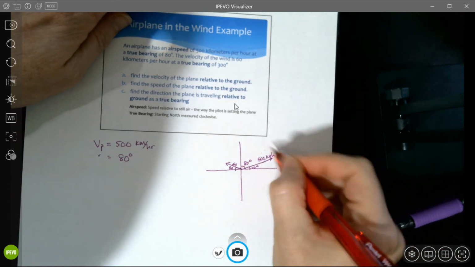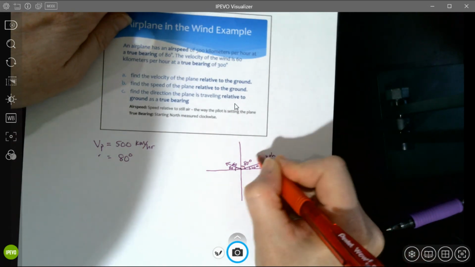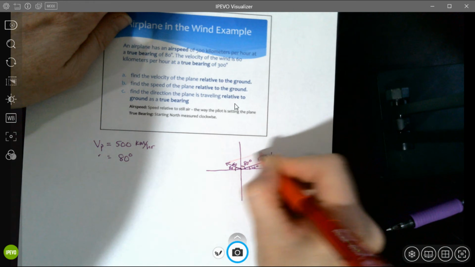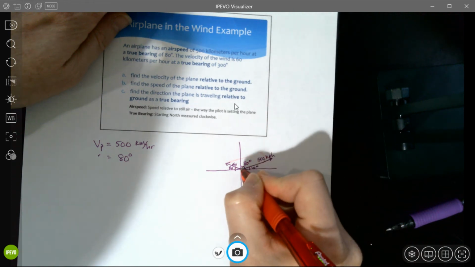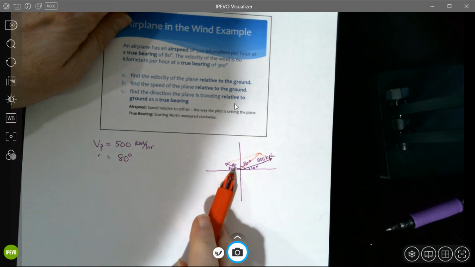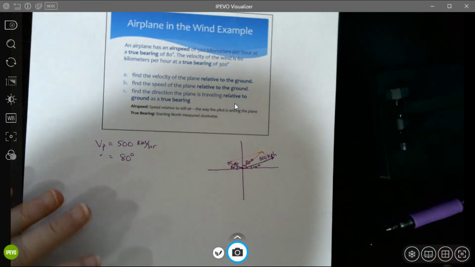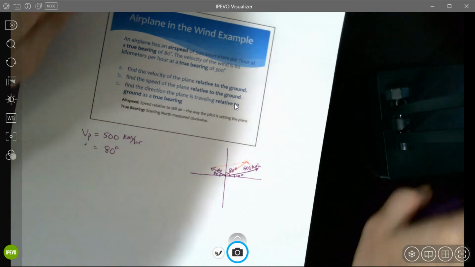Wherever you get when you would add, it would be more like this, right? I'm trying to do the tip to tail method by just sketching out what it would look like. So yeah, so my resultant would be here. But we know this scale is a little off because I made 60 a lot closer to 500 than I should have. But the point is we're going to be going up in that direction in between.